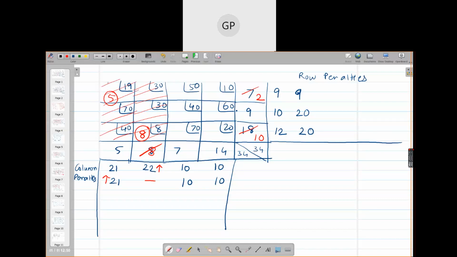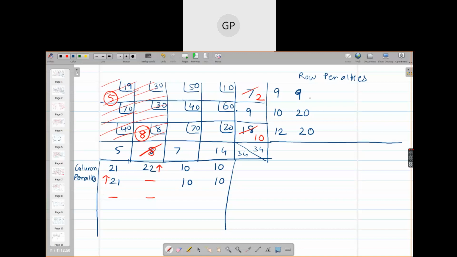Okay. So what happens here now? Next time I will not be calculating these column penalties. Now again, the first column is gone, so there might be some differences in row penalties.